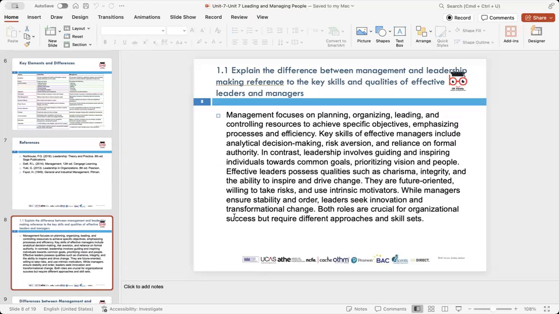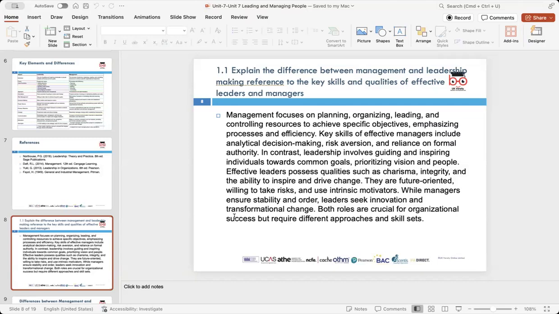Explain the difference between management and leadership, making references to the key skills and qualities of effective leaders and managers. So basically, management is about organizing and controlling resources to meet specific goals, focusing on process and efficiency. Good managers are analytical, careful about risks, and rely on their formal authority to get things done.